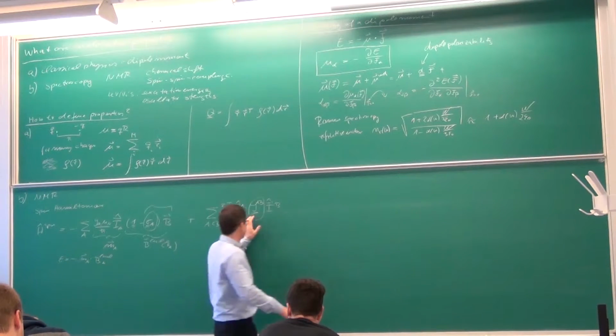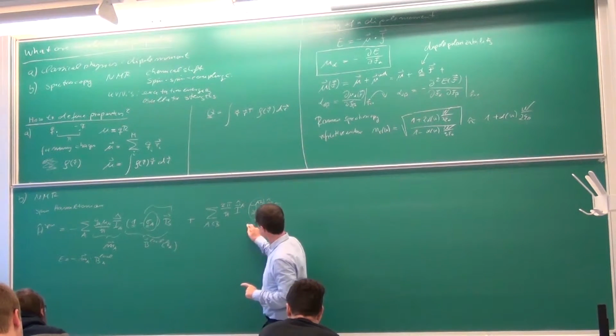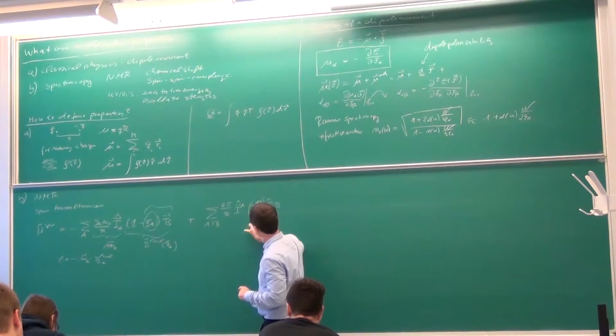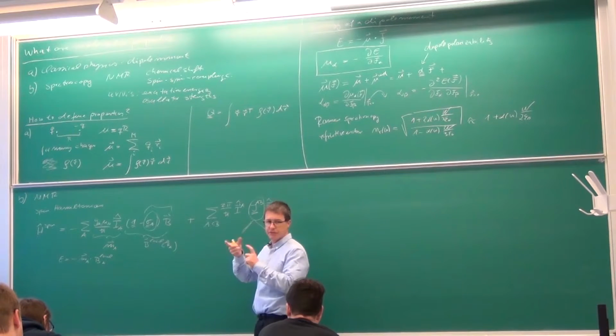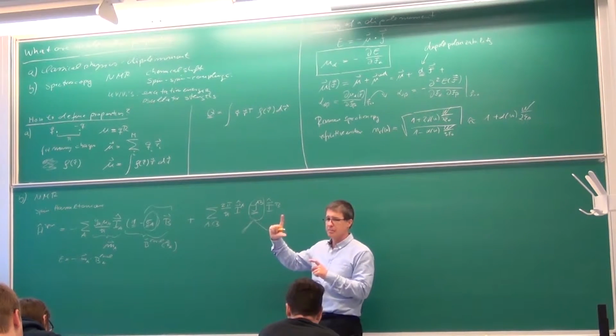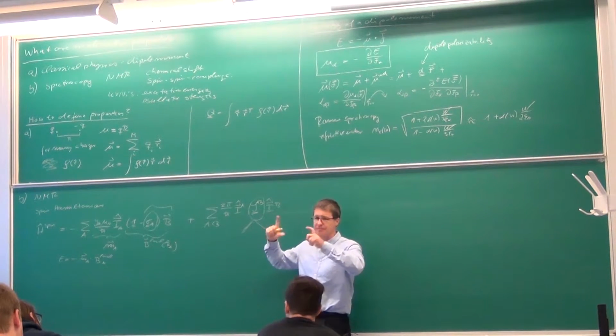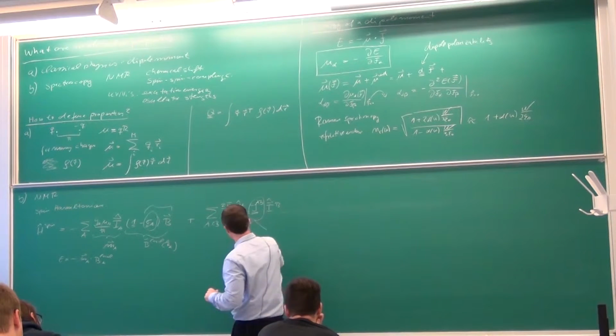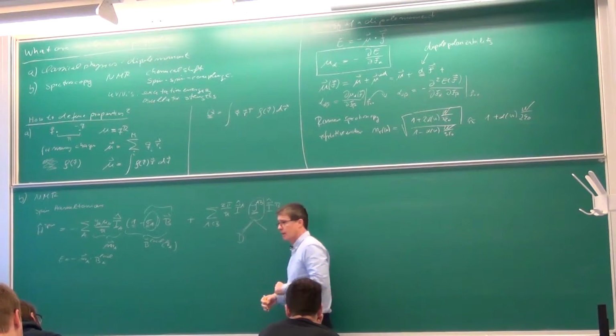And here, there are actually two contributions, although I should have written it with two. There is something which is a direct coupling, really through space. One nuclear spin sees the other nuclear spin, which is called the dipolar or direct spin-spin coupling.